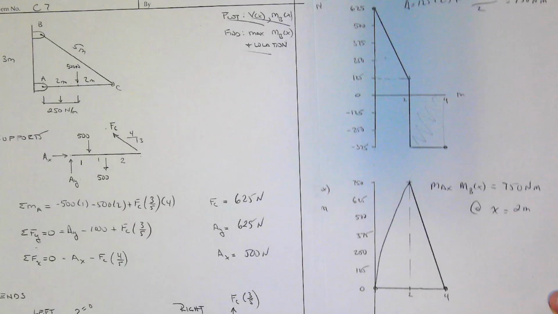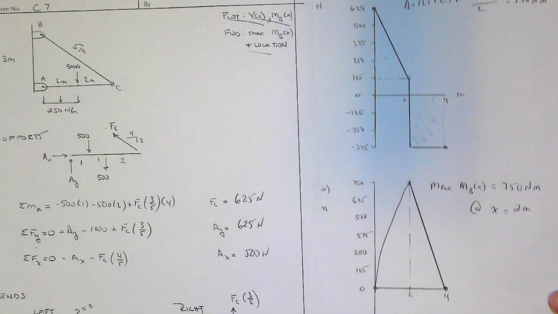And that would give us 750 Newton meters. So we're going to pick off, line these up here. And notice that this is the slope of that, so it's always positive. So I'm going to do something like this. So it's still going up at a positive slope as it gets near there.